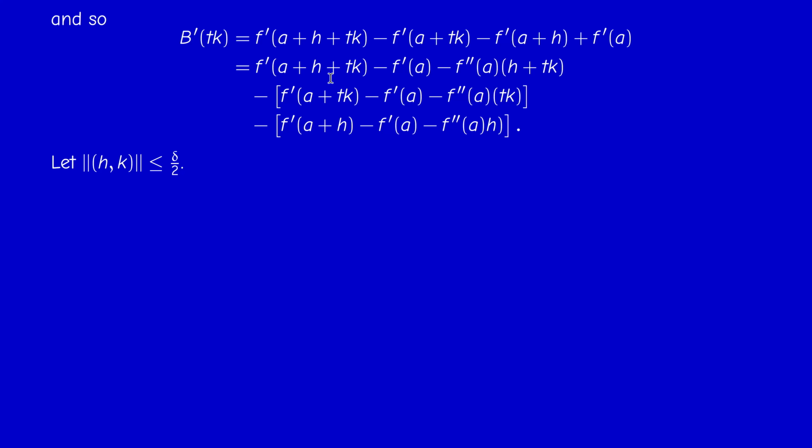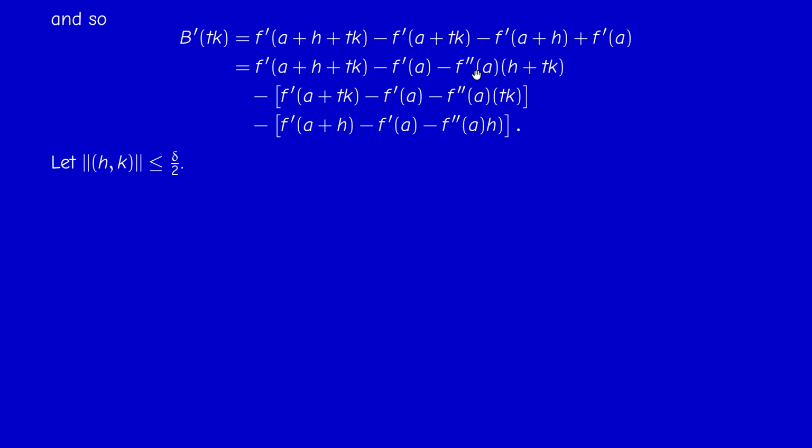I want to use the differentiability condition one more time, but for this I need to add and subtract similar terms. So first I add and subtract f prime of a. So I get minus f prime of a, minus minus plus, minus minus plus. So f prime of a cancels. f prime of a plus h plus tk is here. f prime of a plus tk is here with the minus sign.